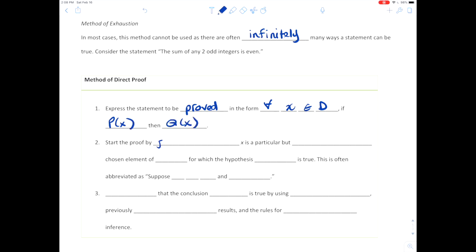Start the proof by supposing x is a particular but arbitrarily chosen element of the domain D, for which the hypothesis, P of x, is true.